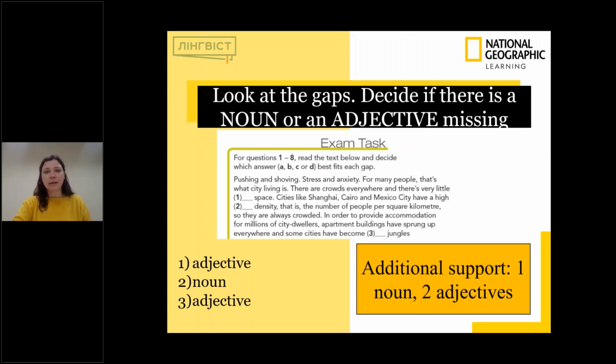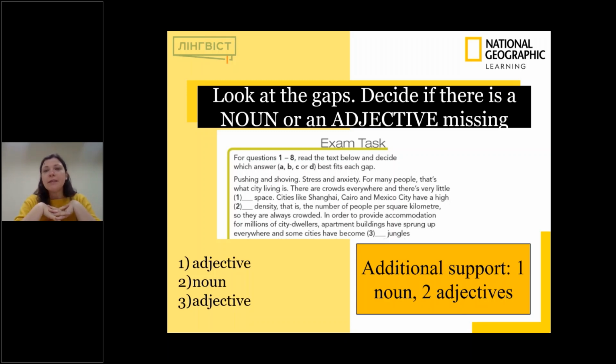So why we need this? These exercises, like use of language, they require some analytical skills from our students, right? To understand what grammar is missing or what collocation it is. They need to be more self-conscious, I would say.